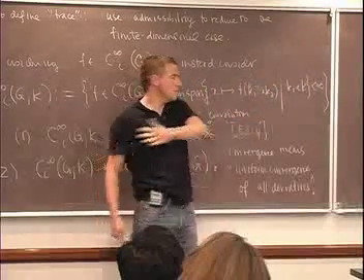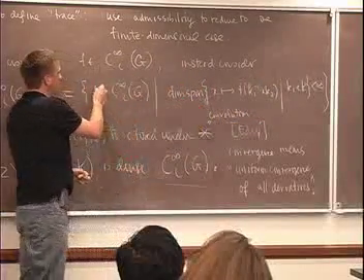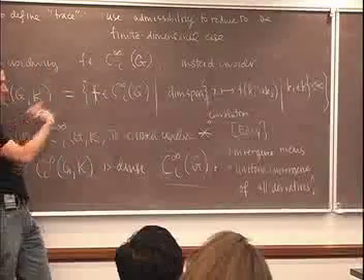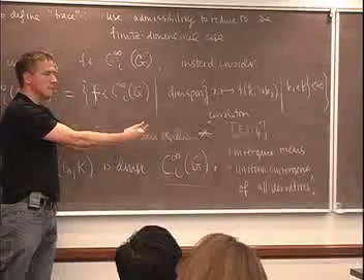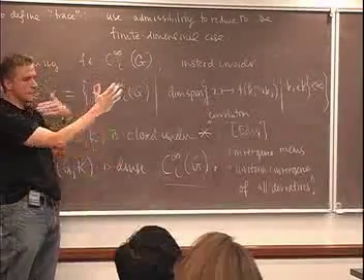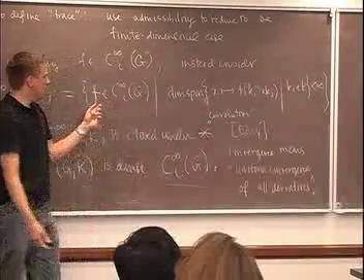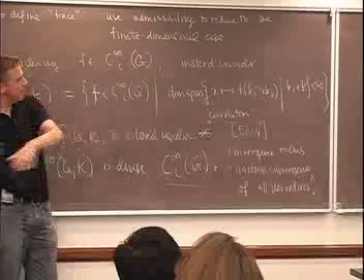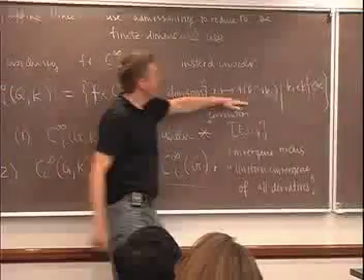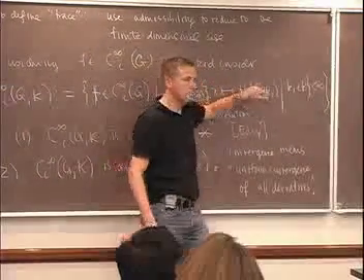So I'm just looking at the span of f under the left and right regular actions of K. I get a whole family of functions by acting on the left by K and on the right by K, and I'm demanding that what I get from f by left and right translation by K all lives in a finite dimensional space.